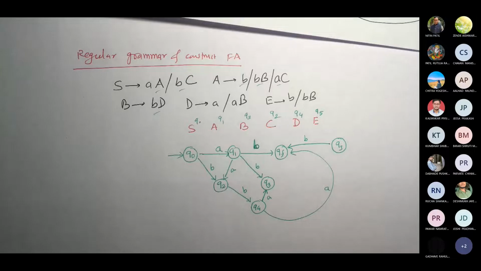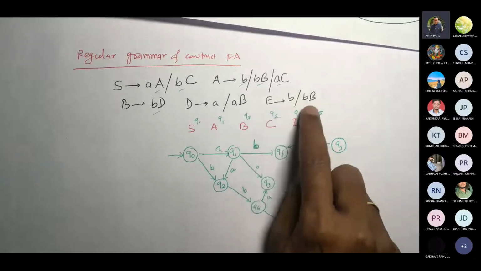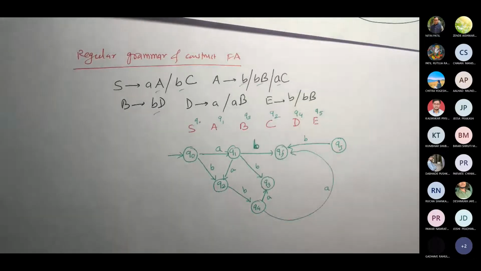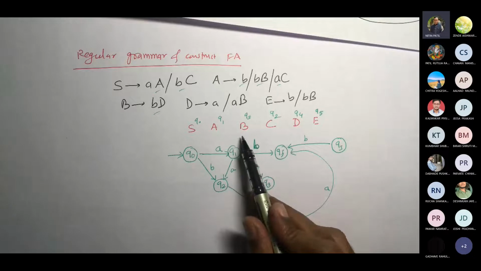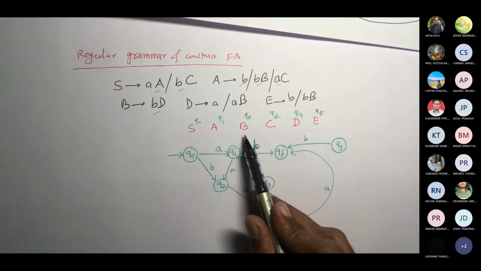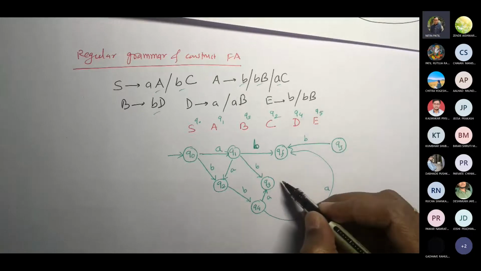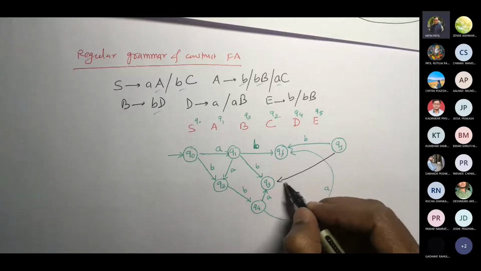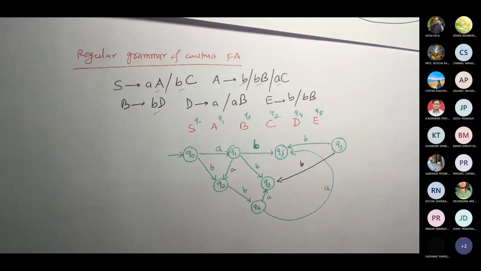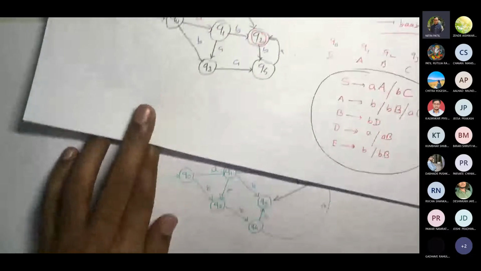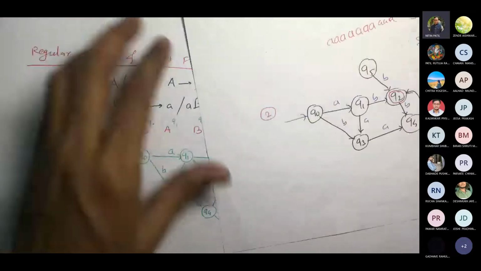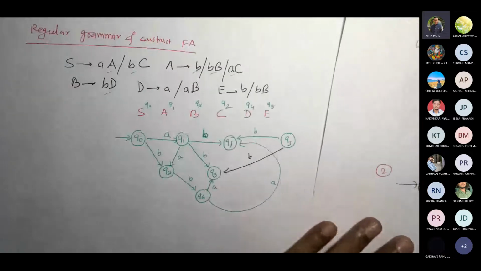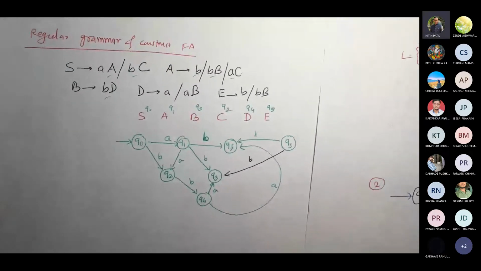Now there is a transition from E with BB. What is B for us? Q3. So we will add this one. Now if you compare the earlier diagram and this one, it will be completely different. Let me put it this way, probably it might be visible.